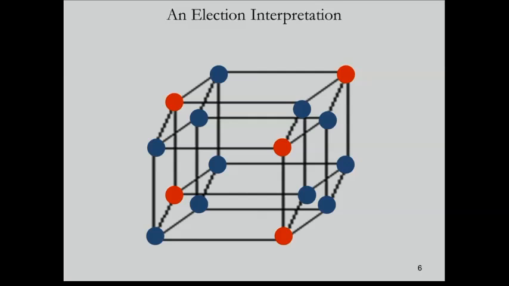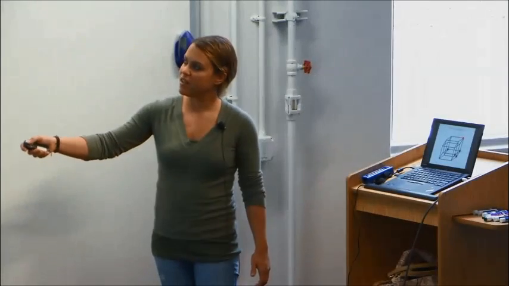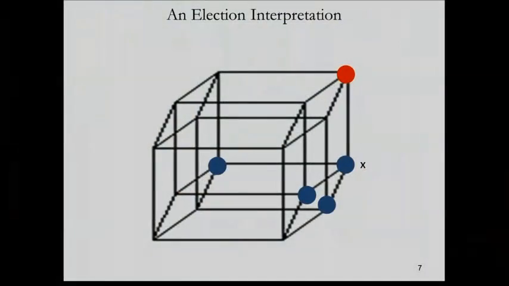So what we want from a typical voter, X, is that if we vary any one of the characteristics of X, meaning if we take the sphere of radius 1 in the cube, then most of the people around X on this sphere should have voted for the same as X. So for Democrats in that specific case.